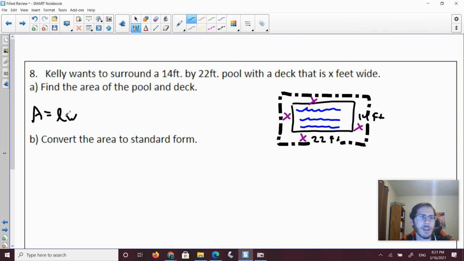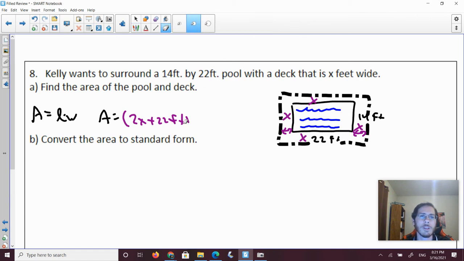Area is going to be length times width. So the length, if we check, we've got 1x, we've got 2x, and we've got 22. So our whole length is going to be 2x plus 22 feet. So we have 22 feet from the pool, and there's two sides of the deck, so we have two x's.